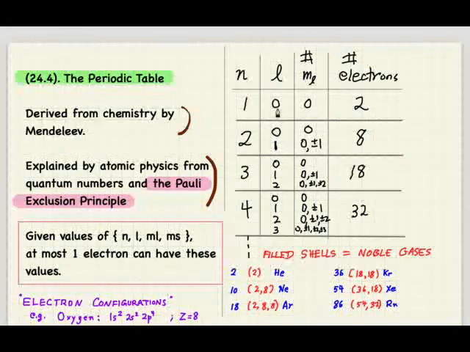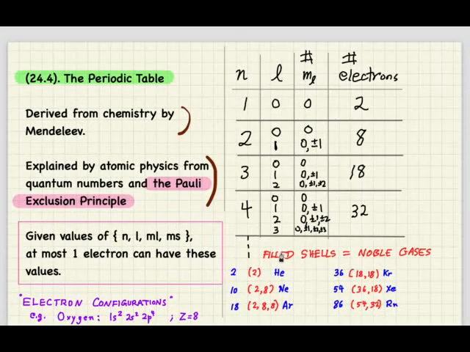But we can identify filled shells with the noble gases, and they will have quantum numbers given from this little table. So, for example, helium has 2 electrons, neon has 10 electrons, argon has 18 electrons.